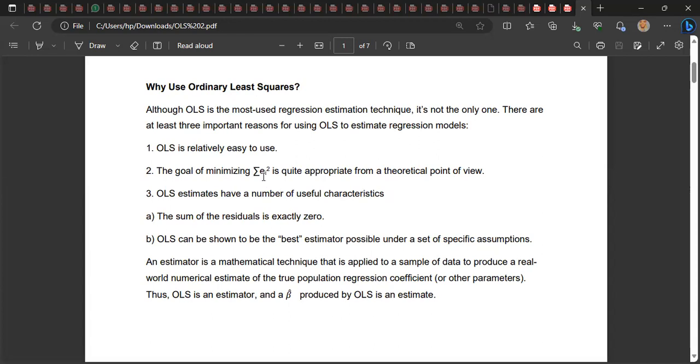In other words, all the points basically need to be catered for as much as possible, so you prefer a line that minimizes your residuals, to be as small as possible. The theoretical point of view here is a line that best represents your data.